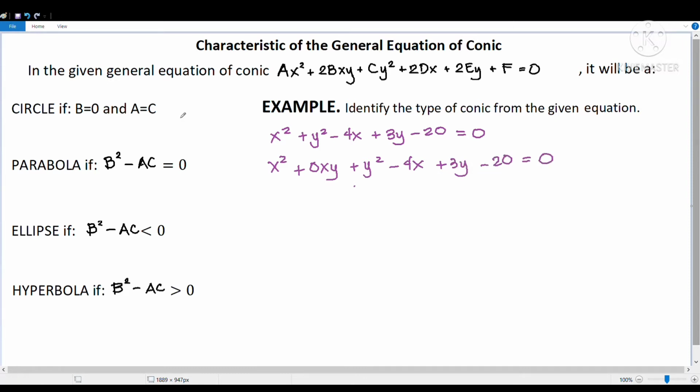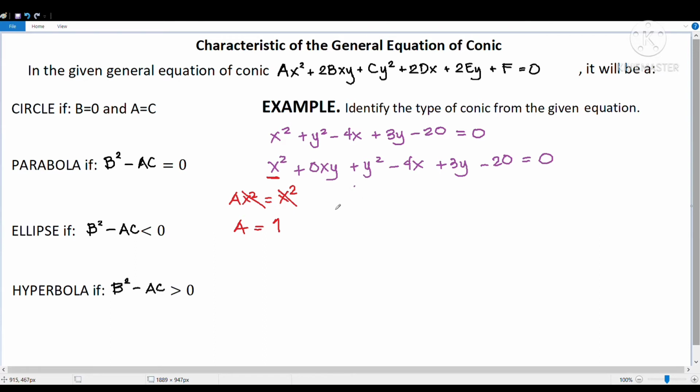After that, we can now determine the values of a, b, and c. For our ax squared, we have to equate it to x squared. Here, our x squared, so cancel it out. It will become a equal to 1. Or multiplying both sides by 1 over x squared will give a equal to 1.